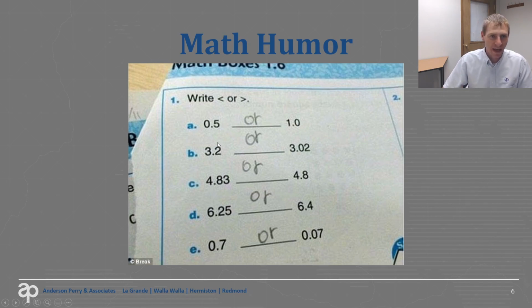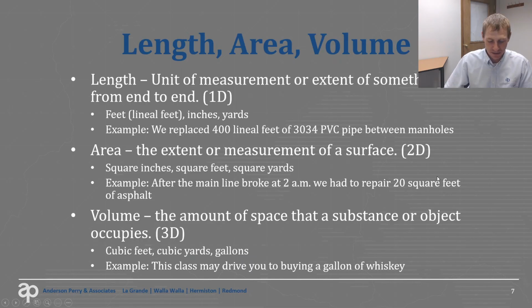Another one here, we have try to write a greater than or less than symbol. And the instructions were write or. So they write or in each of the problems. All right, that's about as funny as I can be as an engineer.